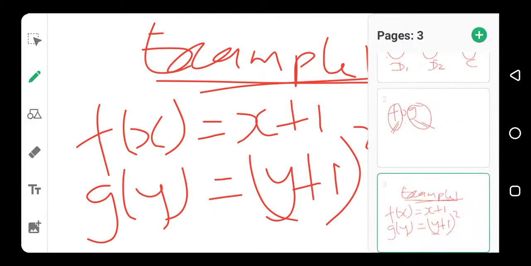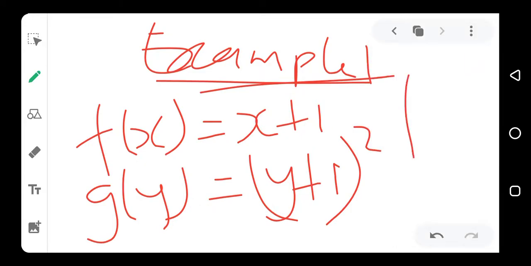Now, we are asked to find f of g, or g of f.